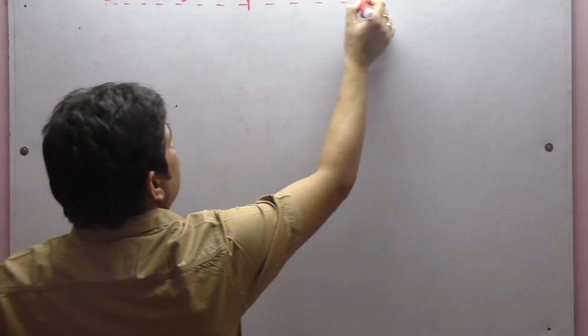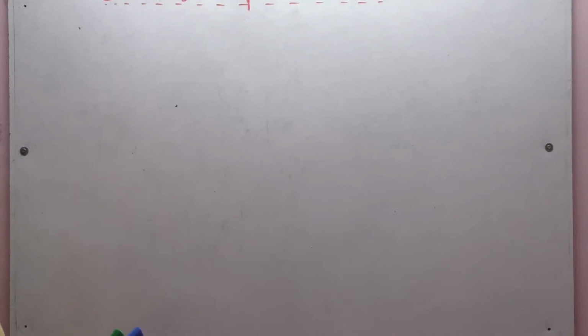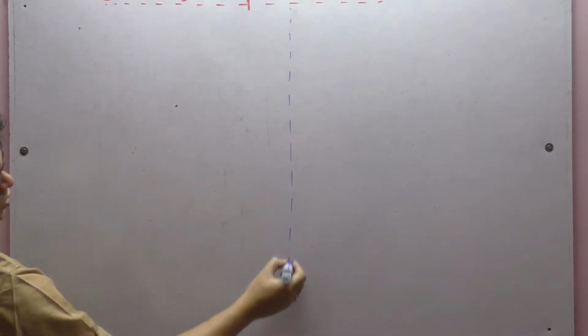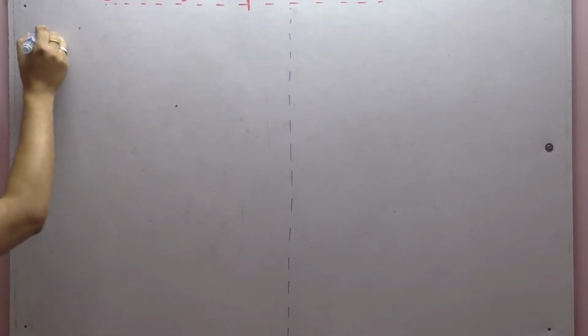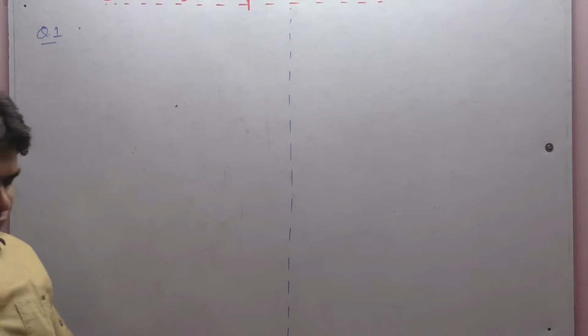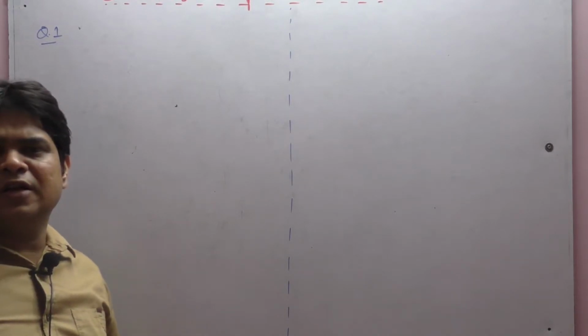Class assignment of chemical bonding. So in which you can see question number 1 here. Question number 1. So what is the question number 1? You can see there in your class assignment.